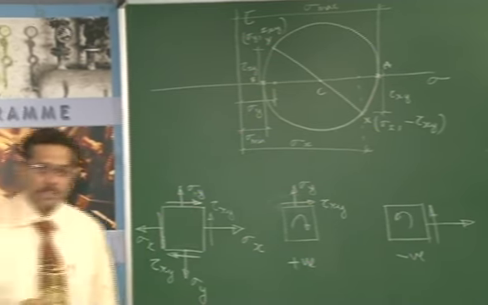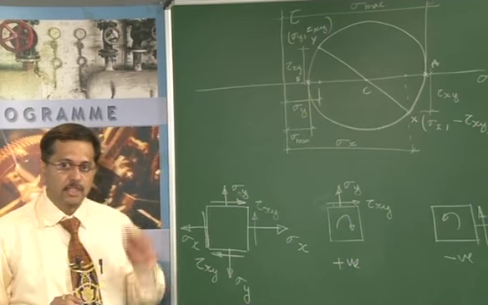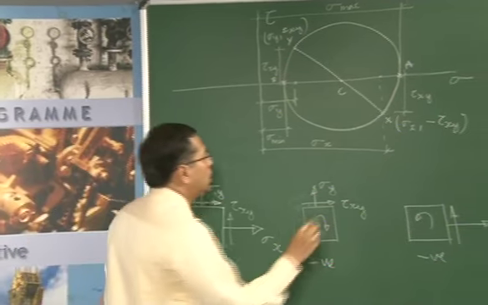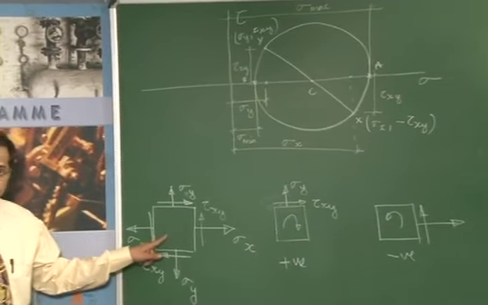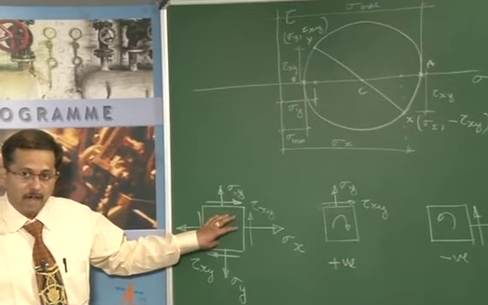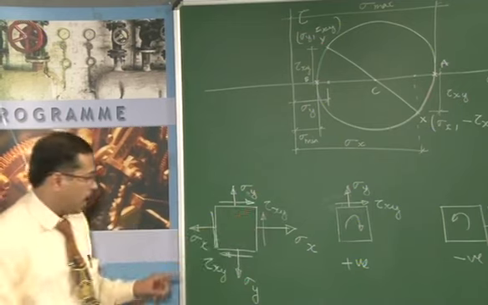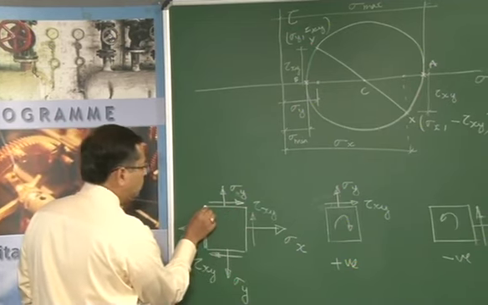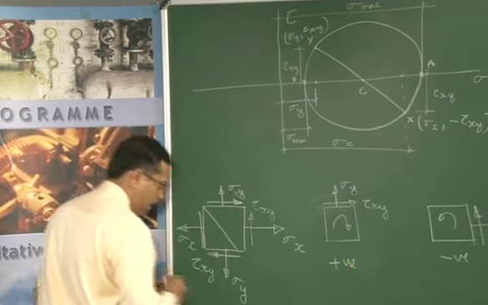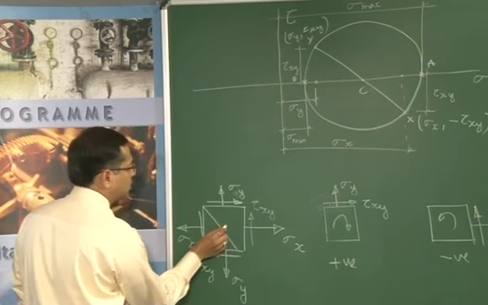Now, to get the principal planes, as we can see here, this is the block with the normal stresses sigma x and sigma y and tau xy, and when we rotate this, the plane on which the maximum principal stress is going to act.